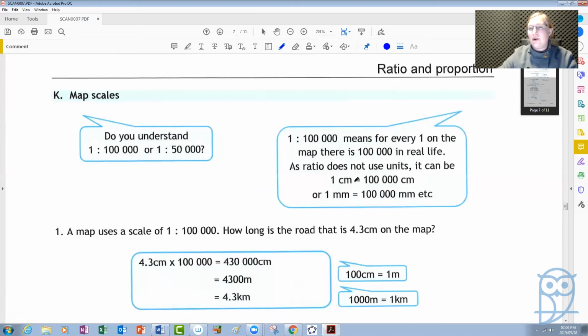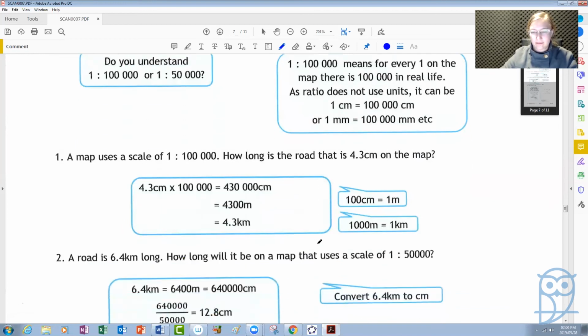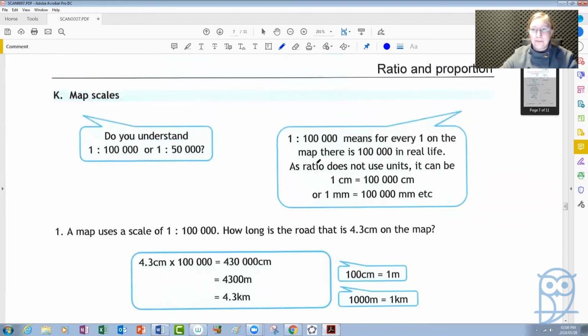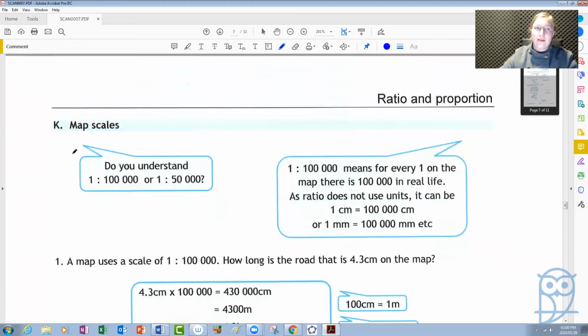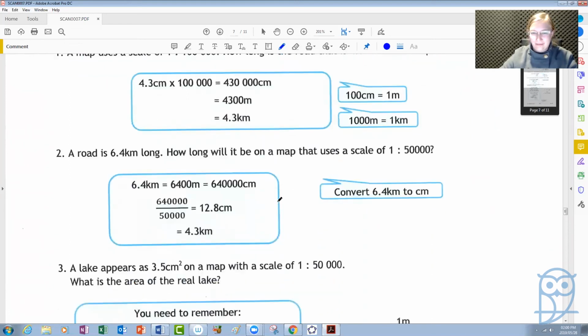So if you want to compare distances, you can take your 1 centimeter, but you will then have to convert into kilometers or meters so that you can actually see what you are looking at. So this is also a very practical example of what we use ratios for.